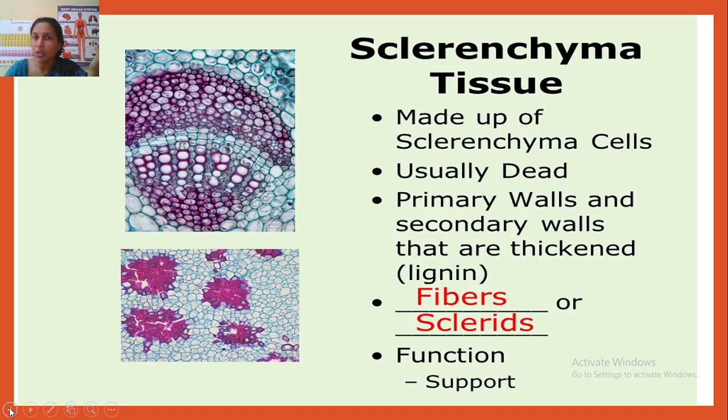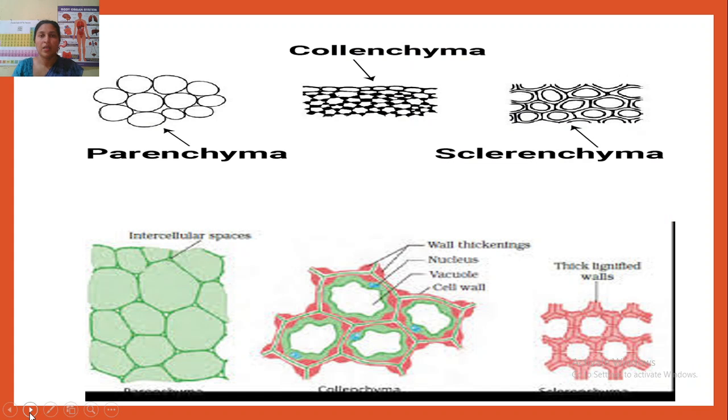The basic function of the sclerenchyma tissue is giving mechanical support to the plant body. In this diagram, you can see the differences of the cells in these three types of tissues: the parenchyma, collenchyma, and the sclerenchyma.